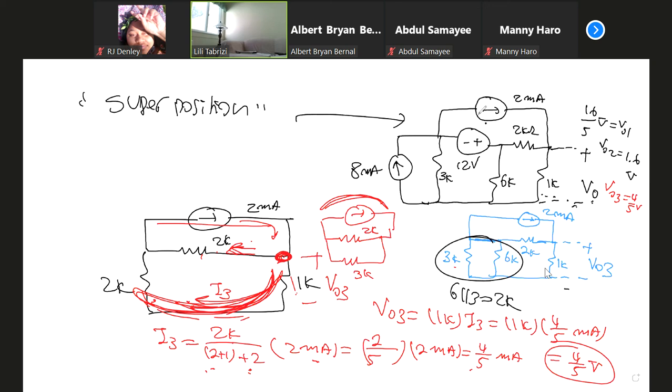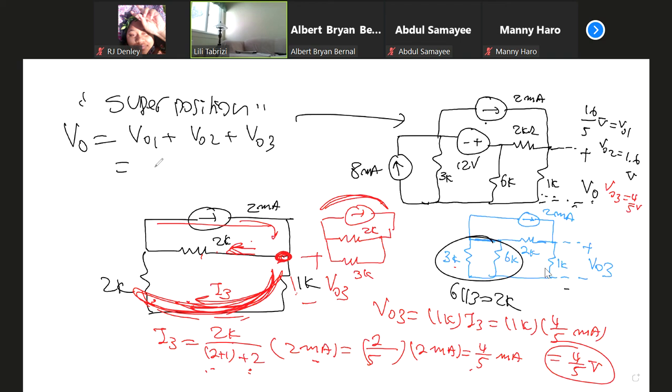All 3 sources acting together. What is V0? Rather than considering all of them acting together, I divided it into 3 parts and found the answer for each part, exactly the same as solving a differential equation when you have several forcing functions. Now V output is equal to VO1 plus VO2 plus VO3.